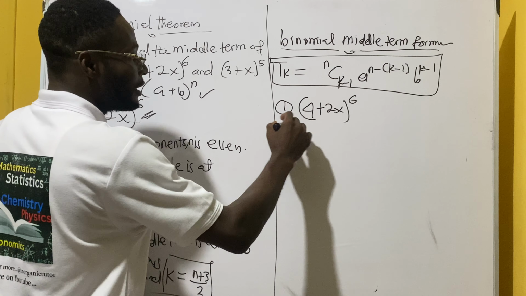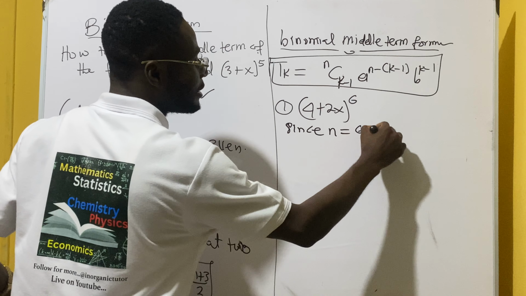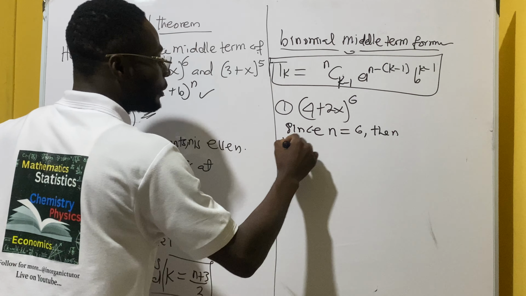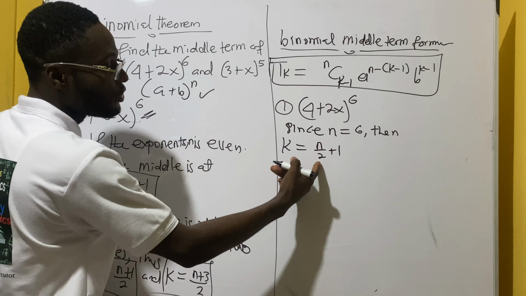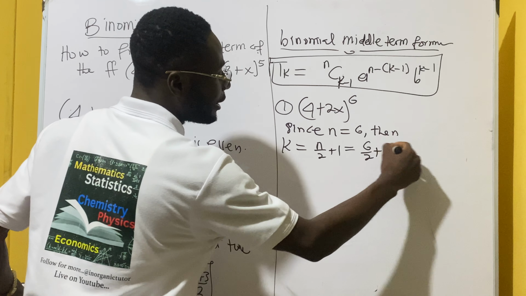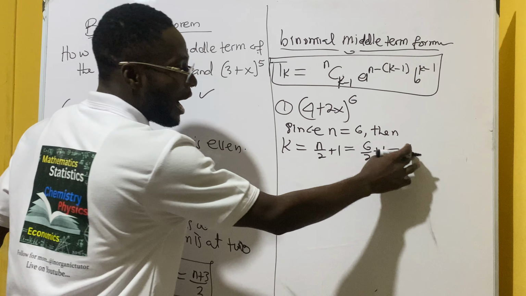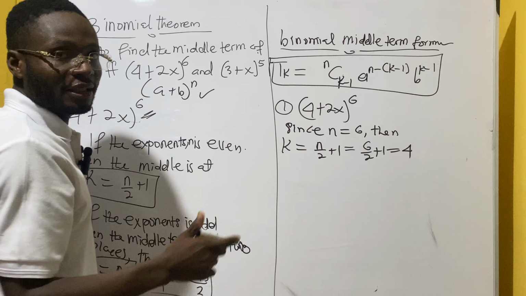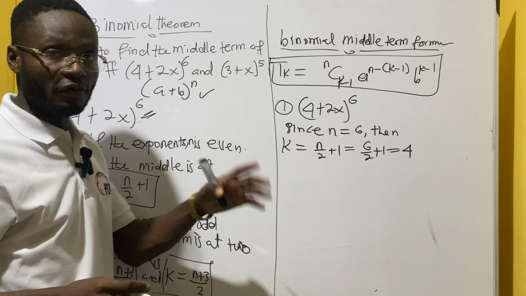Since n is equal to 6, then our k will be equal to n over 2 plus 1, so this is 6 over 2 plus 1, and that is equal to 4. That means our middle term is at the fourth position of the expansion. That is the fourth term.